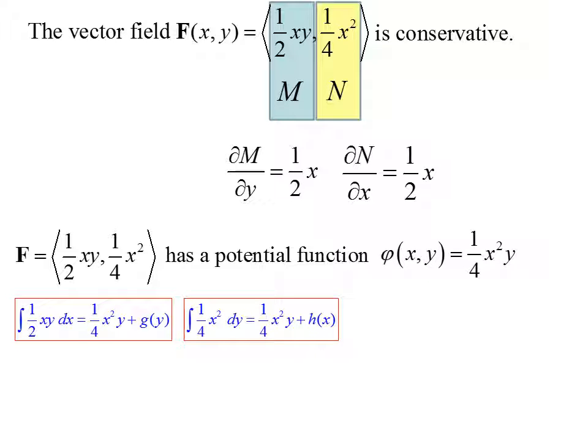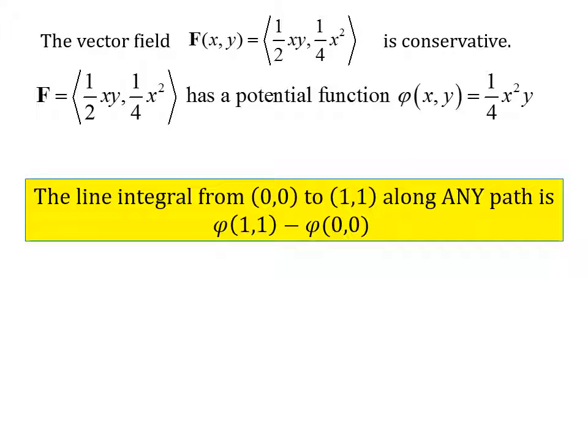So that would be our potential function. We could substitute in values into the potential function. We can evaluate the line integral of this vector field from 0, 0 to 1, 1, regardless of the path, by plugging in the 1, 1, the end point, and the 0, 0, the beginning point, into the potential function.